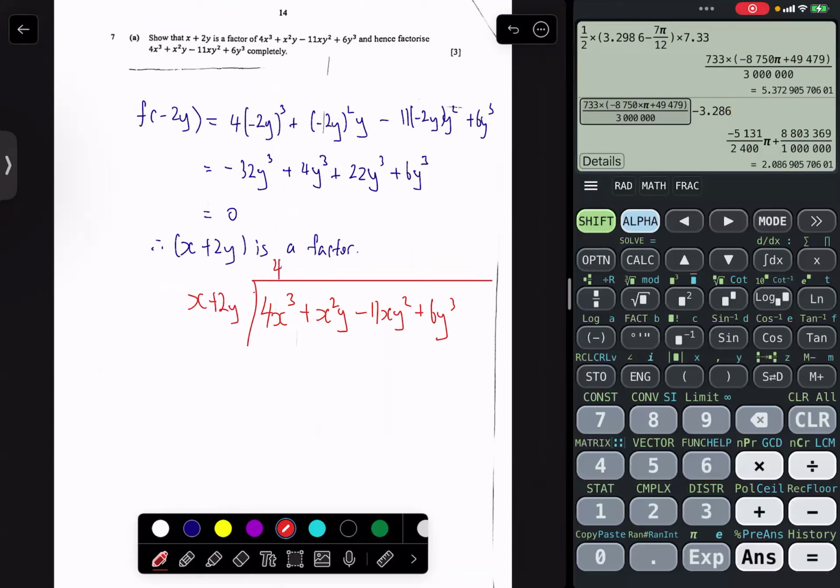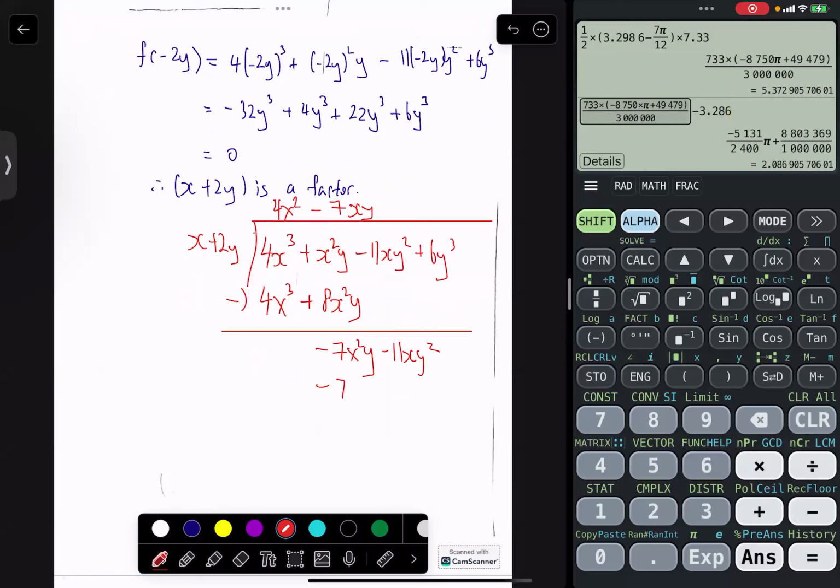So 4x squared, we'll have 4x cubed plus 8x squared y, minus, negative 7x squared y, minus 11xy squared, so that will be xy minus 7xy, right?